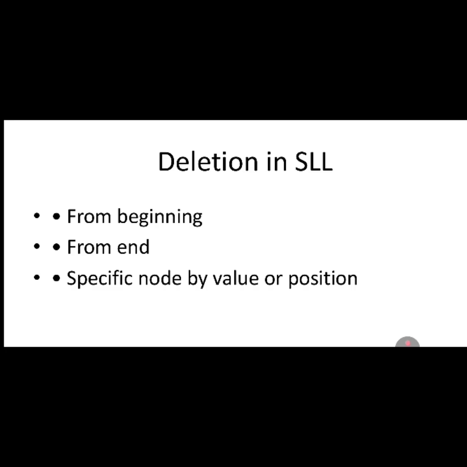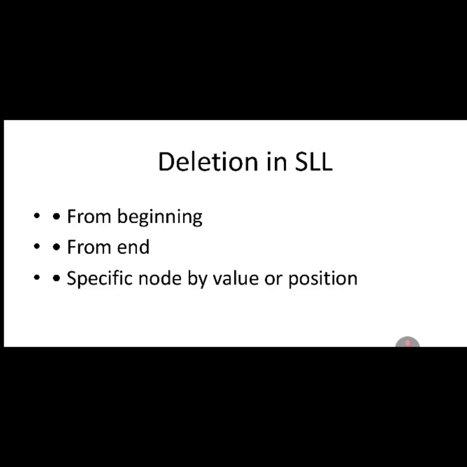While coming to deletion from end, the following steps are necessary. Traverse to the second last node and set its next to null. And then the last one is deletion from a specific position. Adjust the pointers to skip the node to be deleted.